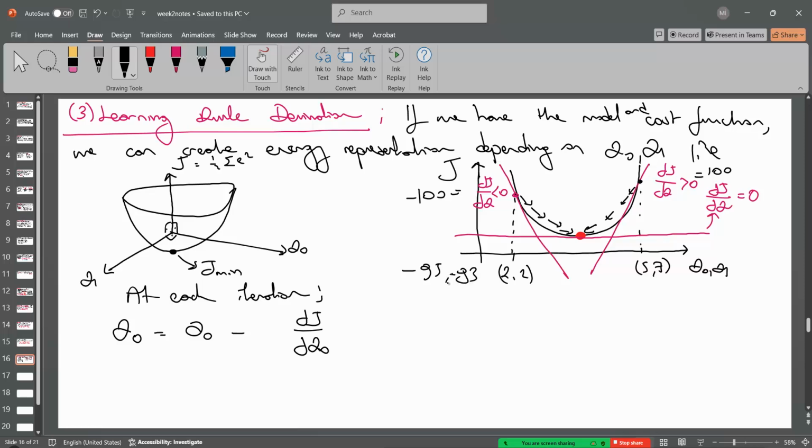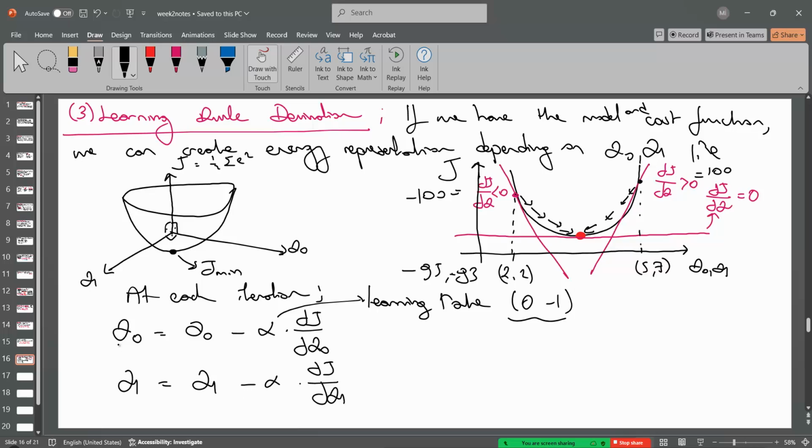Minus 93. This is so huge. And so we need to multiply these values with alpha. This is called the learning rate. It's generally between 0 and 1. Okay? And also theta 1 is equal to theta 1 minus alpha times dJ over d theta 1.